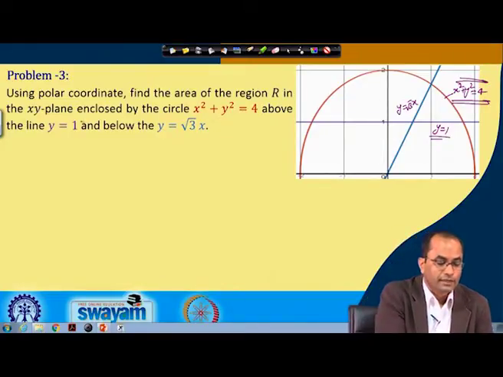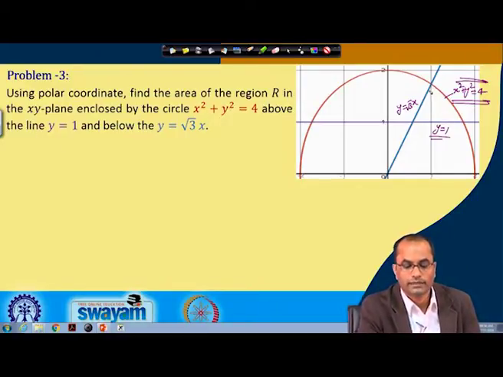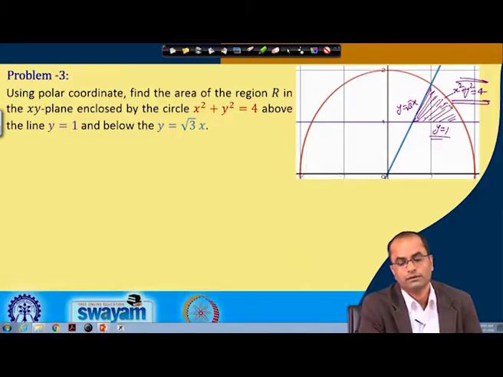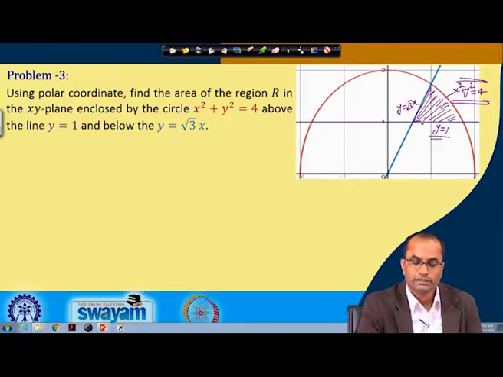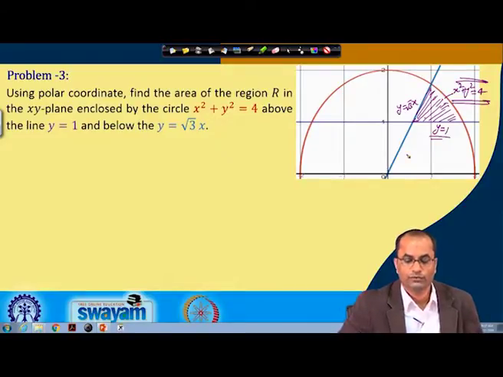Now, the region is enclosed by the circle, above by this line and below by this line. So, this is the region for which we want to find the area using the polar coordinate. In this case, we have to see the limits for r and also for theta.